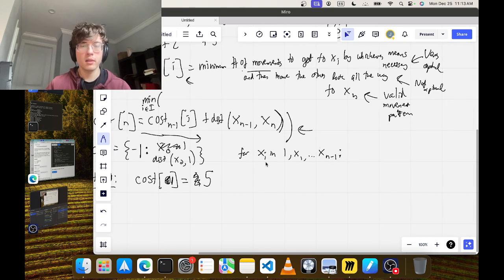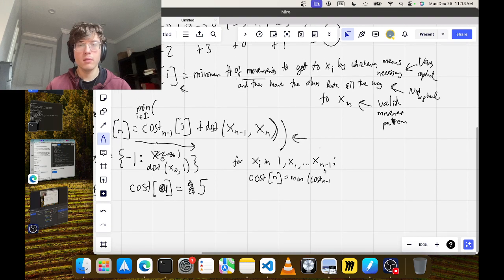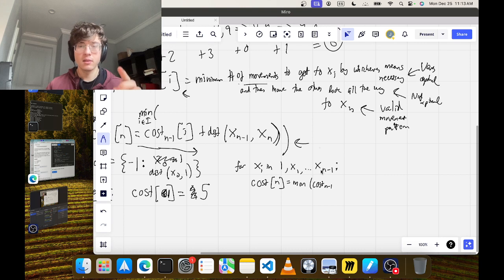We do a loop like this, and then we set cost n to the minimum of this thing that we just calculated, the previous value of cost n minus 1. So what is cost n minus 1? It's the minimum number of movements to get to xn minus 1. To get to xi, it's cost n minus 1 of i.